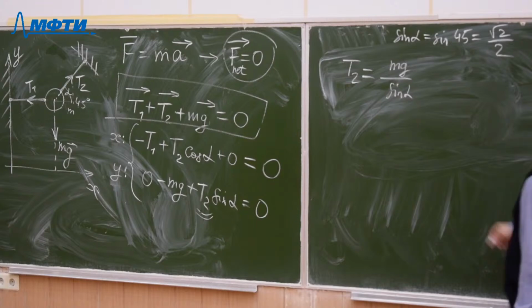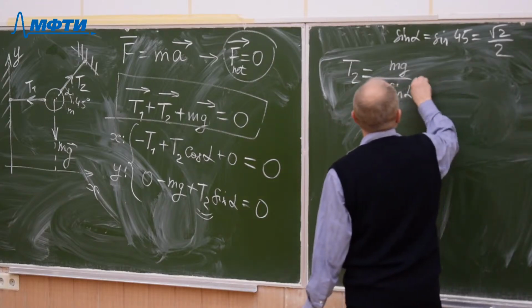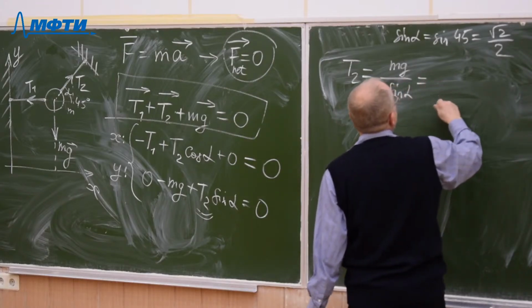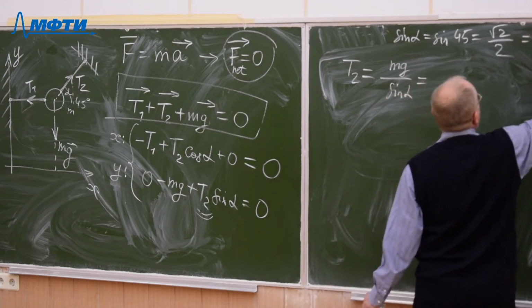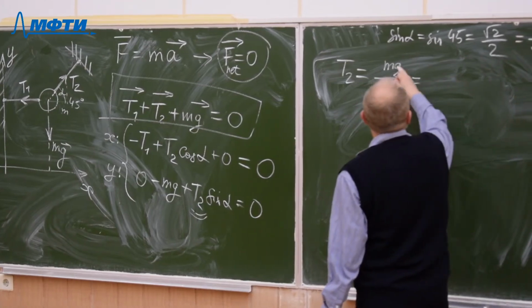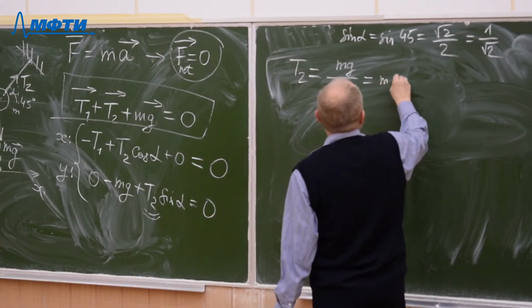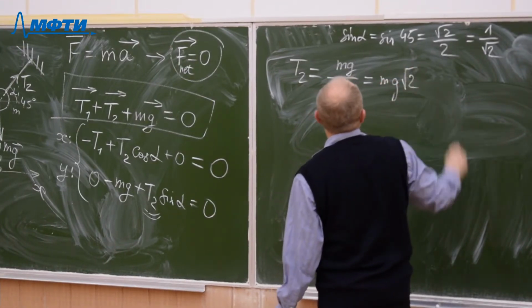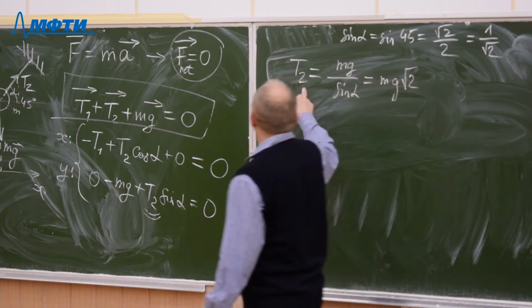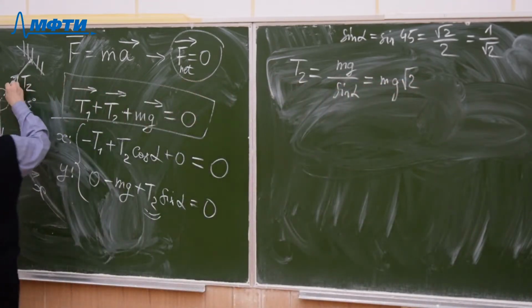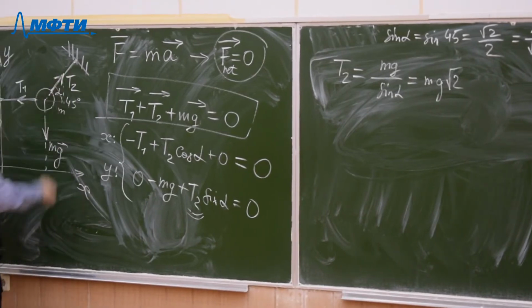So the magnitude of this force can be easily calculated as mg times square root of 2. That will be the magnitude of the force of tension T2.